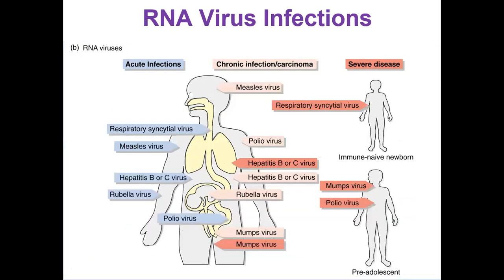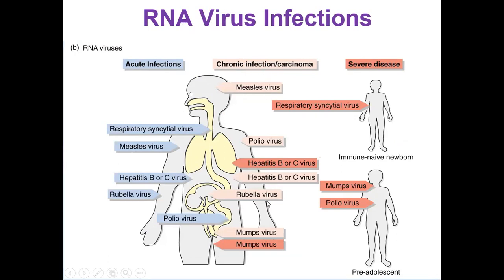By the same token, we have viruses called RNA viruses, whose genome is RNA, and they can cause different types of infections. These include acute infections, chronic infections, or carcinoma.